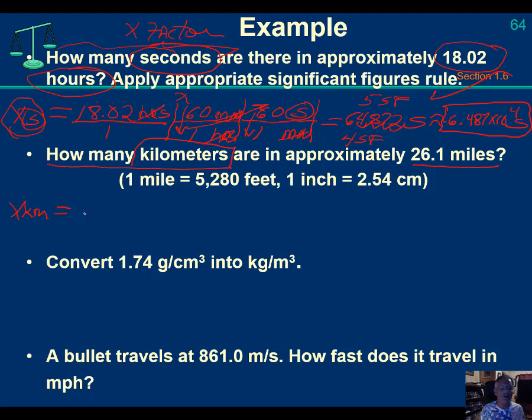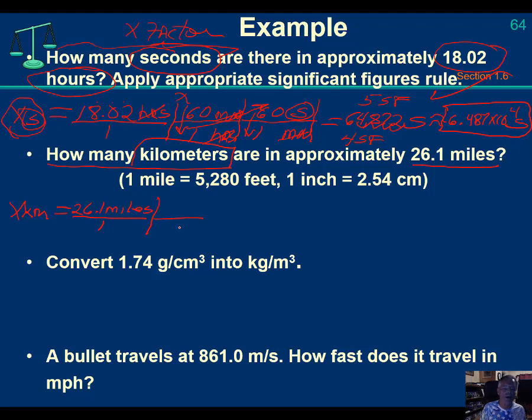That's our X factor. What's on the other side is 26.1 miles. And I can go ahead and put that over 1 if it makes me more comfortable canceling my units, but I don't necessarily have to. But let's go ahead and let's put our first conversion factor.